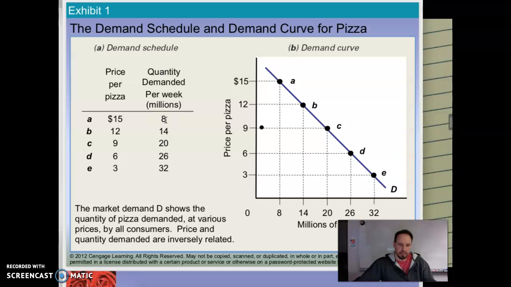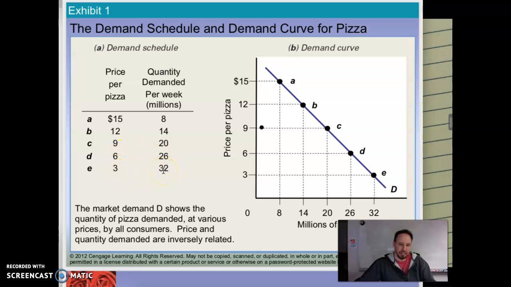Maybe this is for Domino's Pizza in some state, for instance. You're talking about a huge market of people, millions of people, and at $15, they're going to sell 8 million pizzas in a week. At $12, 14 million pizzas. At $9, 20 million, and so on down the line.